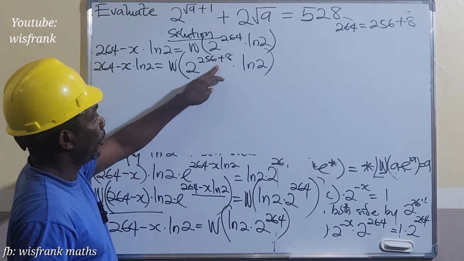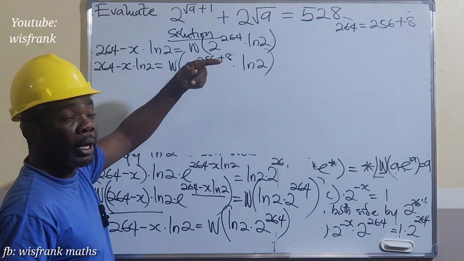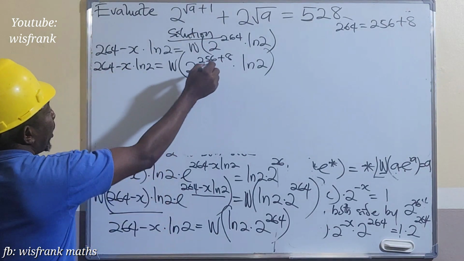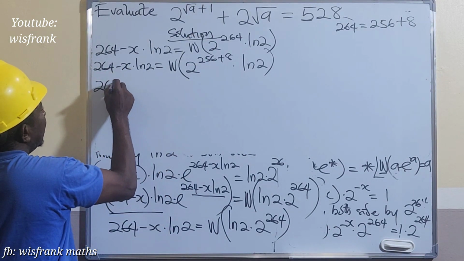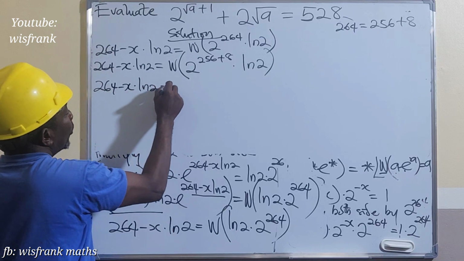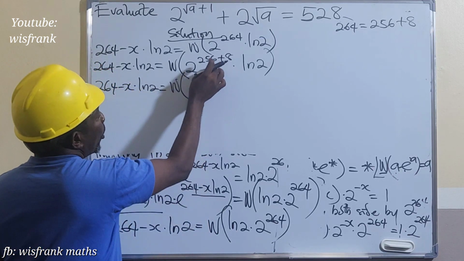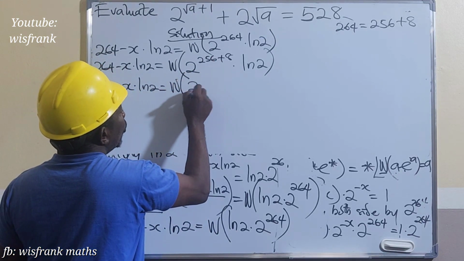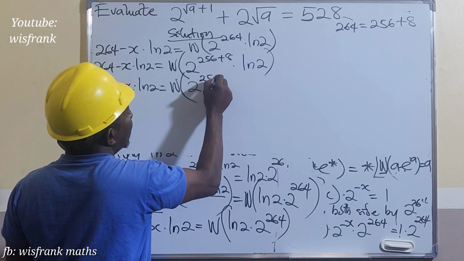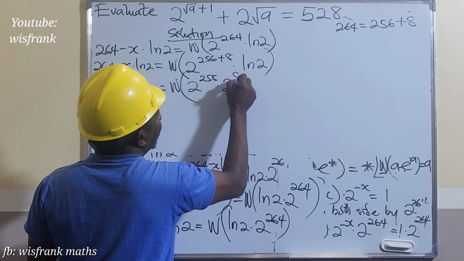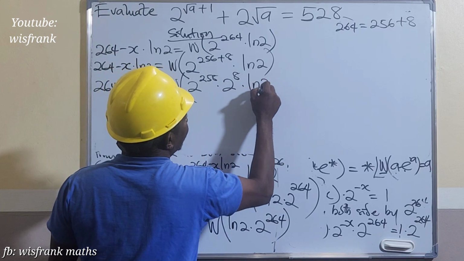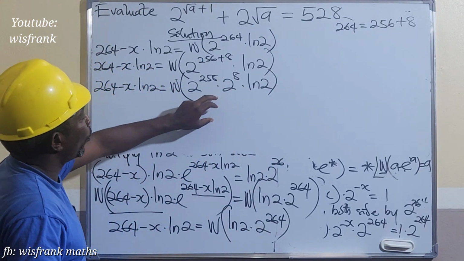That is what we have. In this case, we still remember what we said before. We can rewrite this, we bring down this times ln 2 equals the Lambert W function of 2 to the power of 256 times 2 to the power of 8 times ln 2. This is what we have now.